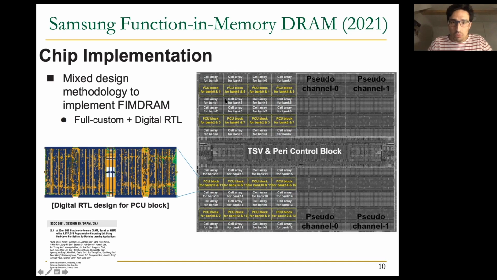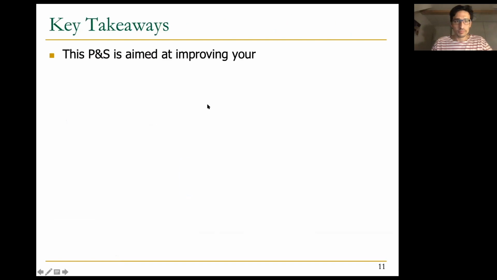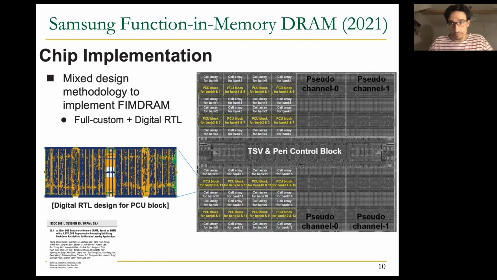What they did was replacing part of the cell array, part of the capacity of this DRAM layer, with this PCU block. And each of these PCU blocks can access 2 banks. So for example, this one here can access bank 0 and bank 1. So yeah, this is, as I said, one interesting example of real world processing in memory architecture.